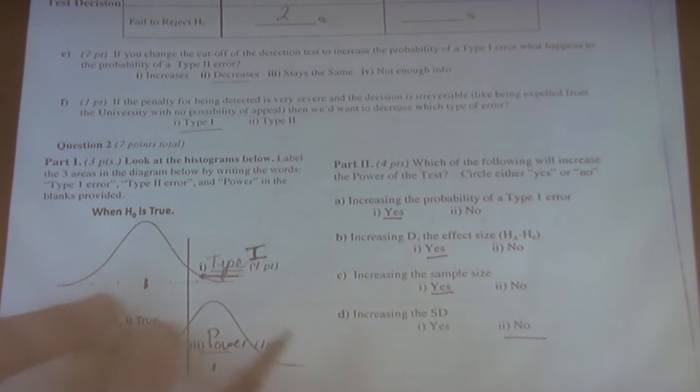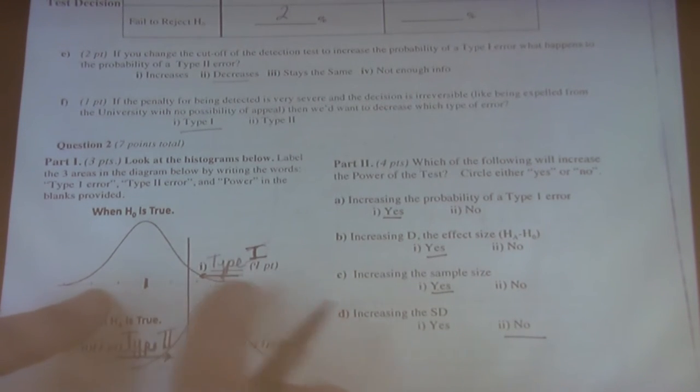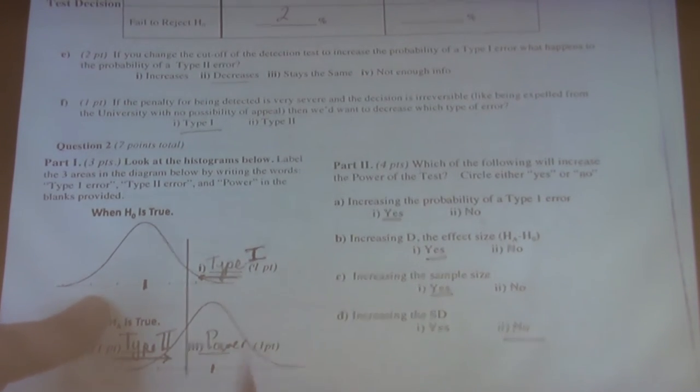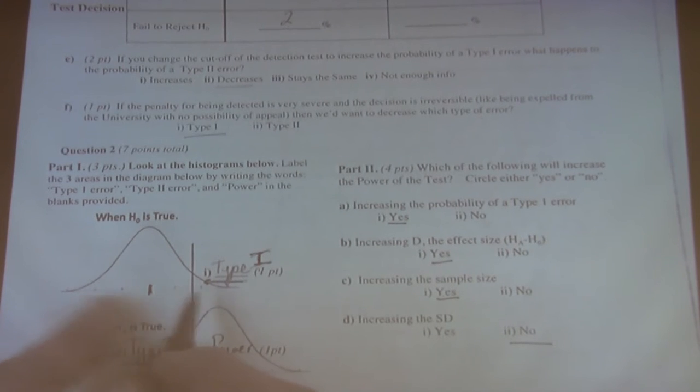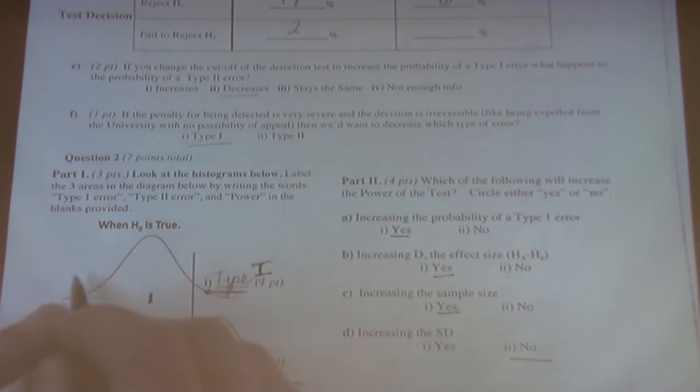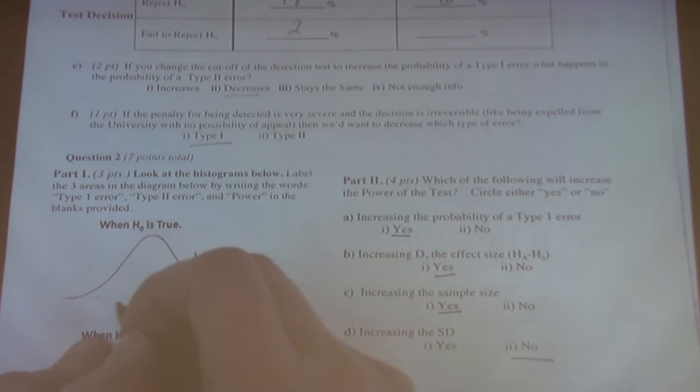Increasing the sample size. Increasing the sample size, what does that do? That would serve the same effect as doing this. Another way to visualize it is that when you have a bigger sample size, you have less sampling error, more precision. So basically, this curve, the error around both of them is going to decrease. So the area is the same. If the error decreased, you'd have the same area.